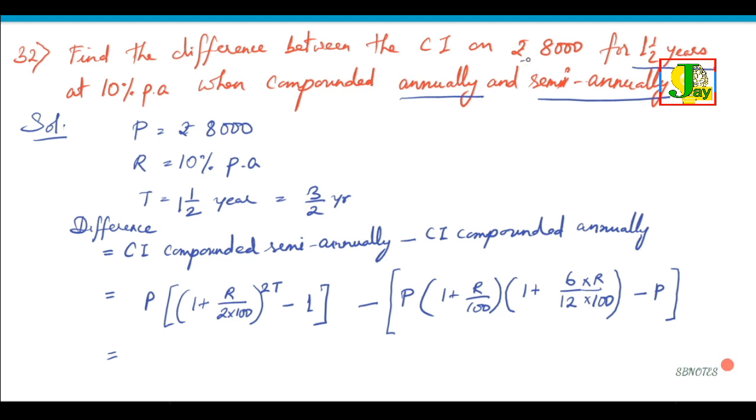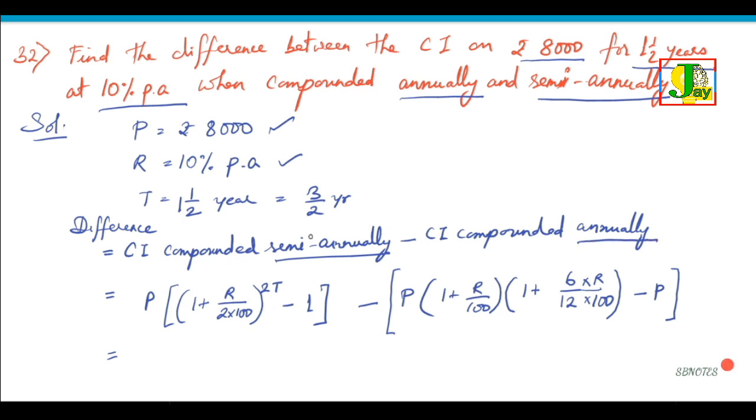Principal is given 8,000 rupees, rate of interest 10% per annum is given, and time is 1.5 years. So that's actually 3 by 2 years. Now we have to find the difference. Compound interest compounded semi-annually will always be greater than annually, okay.